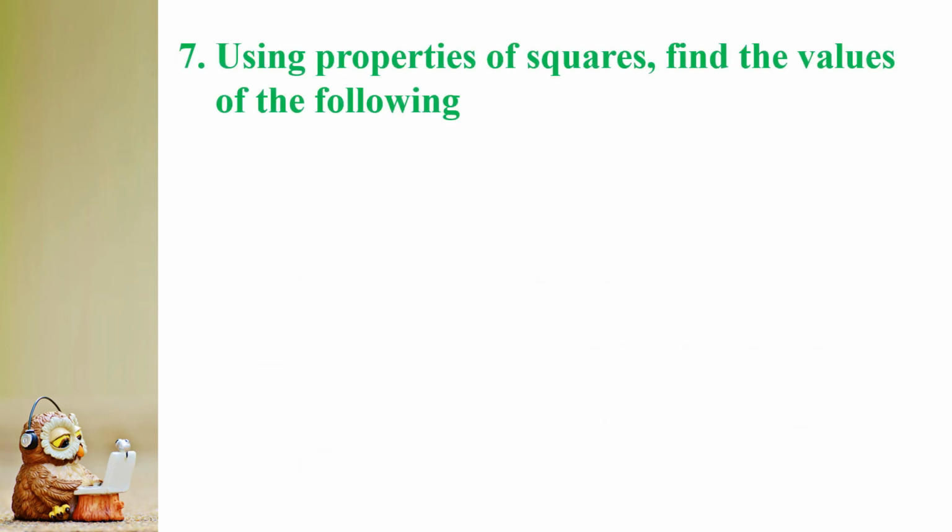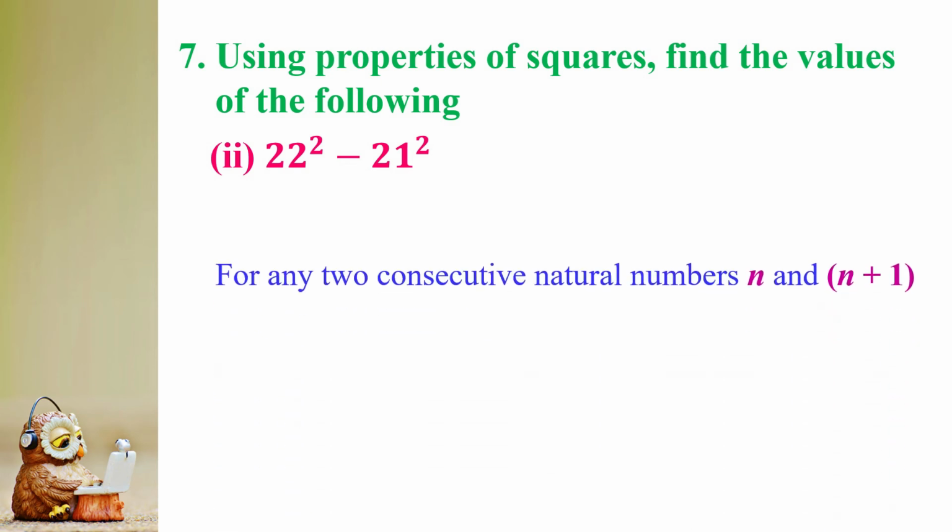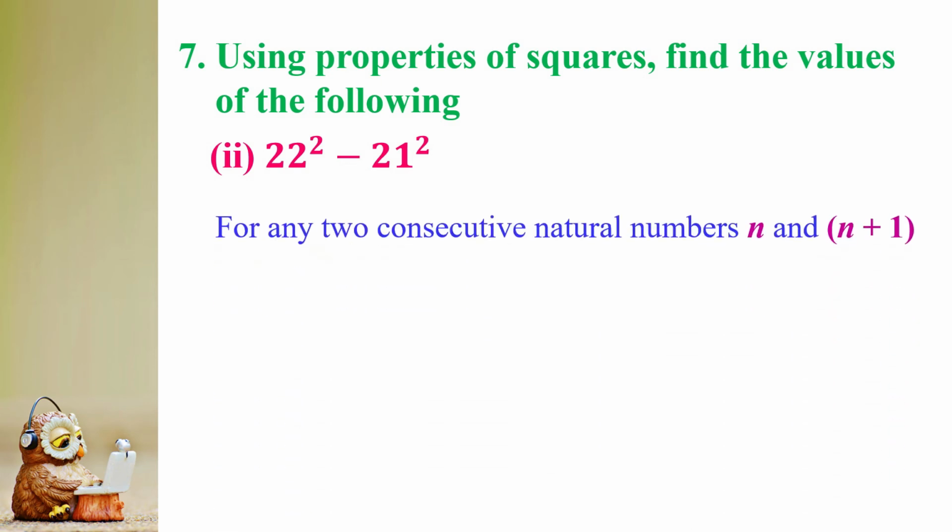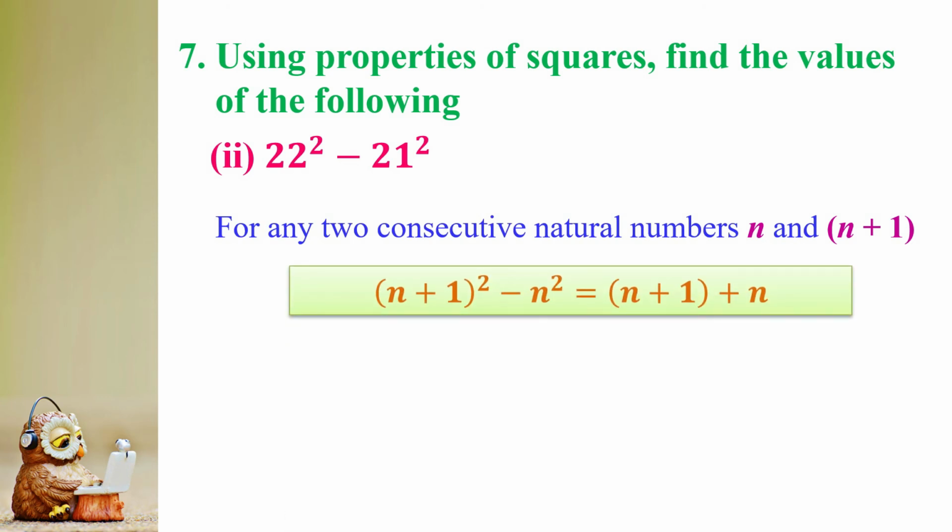Now let us move to the next sum. Using properties of squares, find the values of the following. 22 squared minus 21 squared. Already we know the property for any two consecutive natural numbers n and n plus 1: (n plus 1) the whole squared minus n squared is equal to n plus 1 plus n.